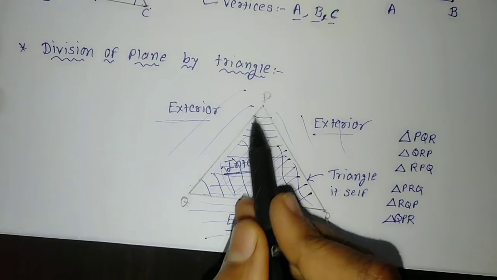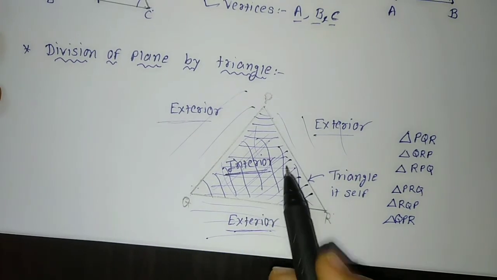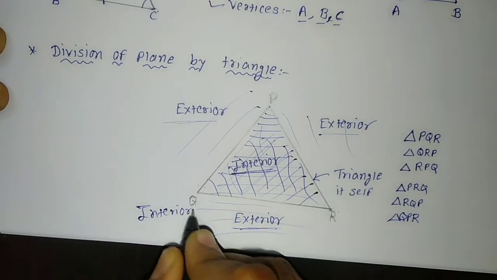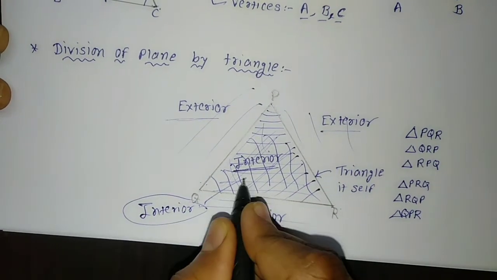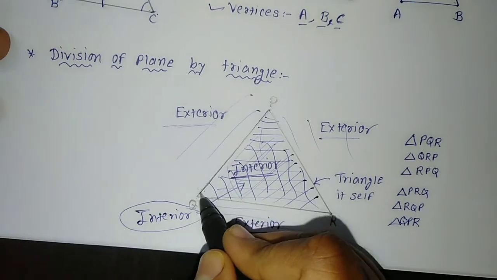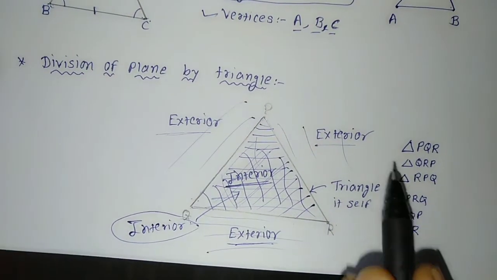But the limited portion is this one, where all three angles are intersecting each other. That is called the interior of the triangle. This is the triangle itself, triangle PQR, and this is the exterior of the triangle.